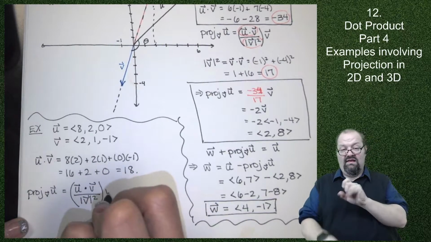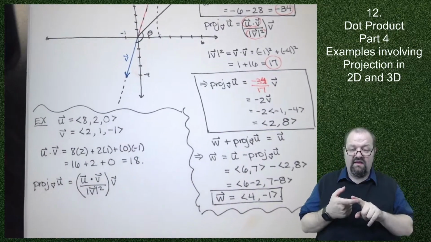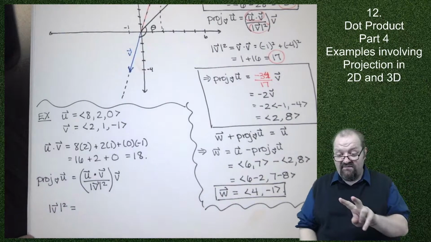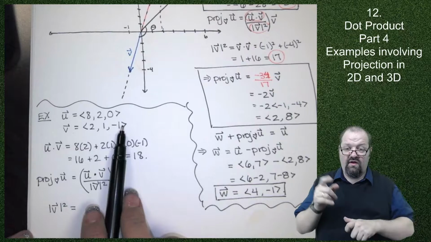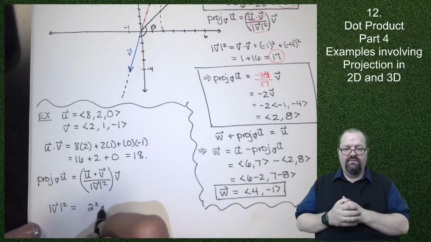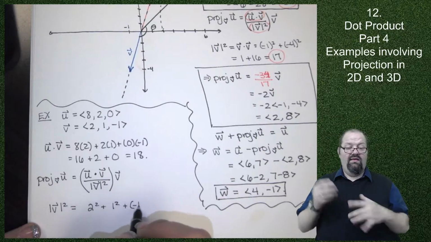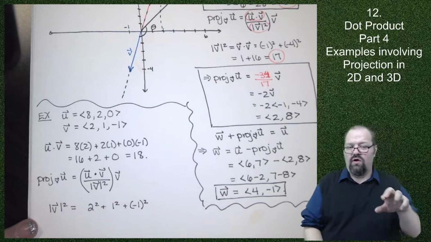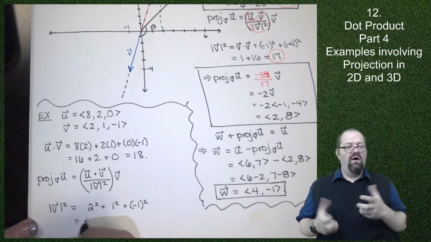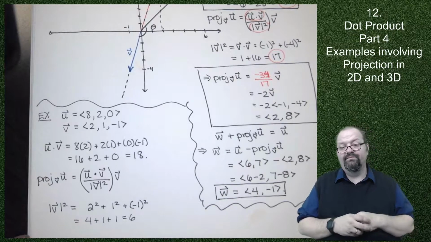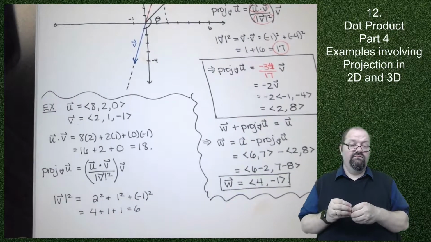I'm going to take that and multiply by the vector V. Now the length of V squared just comes from taking the components and squaring them and adding them. I would square them, add them, and take the square root if I wanted the length. If I want the length squared, I don't need the square root. So now I've got 4 plus 1 plus 1. So the magnitude of V squared is 6.